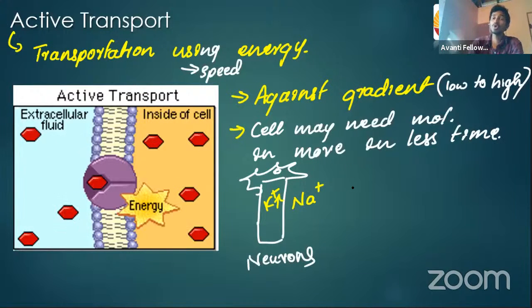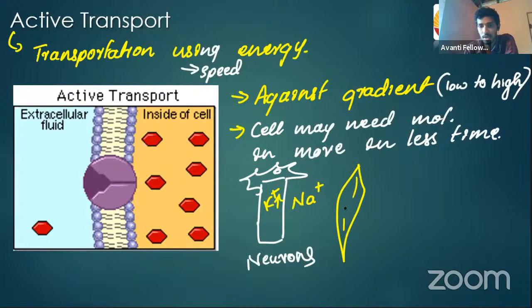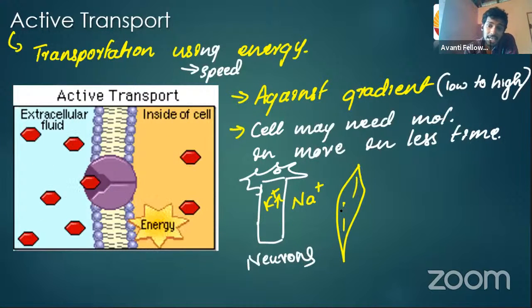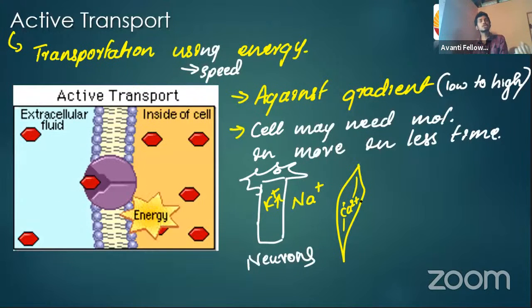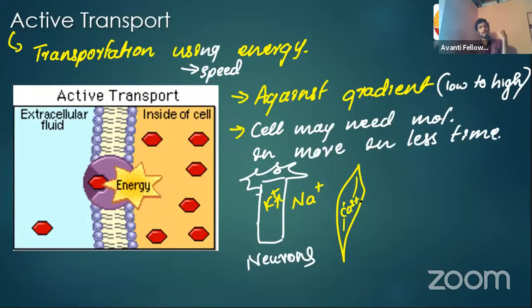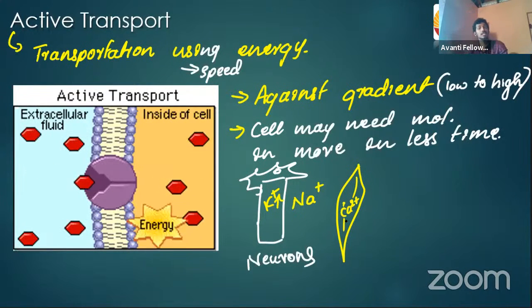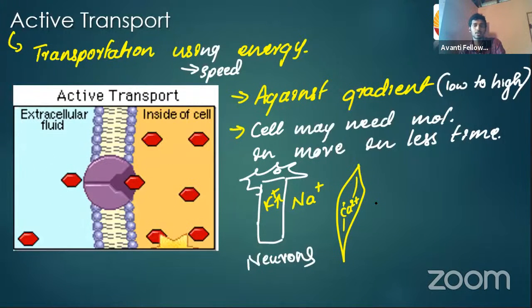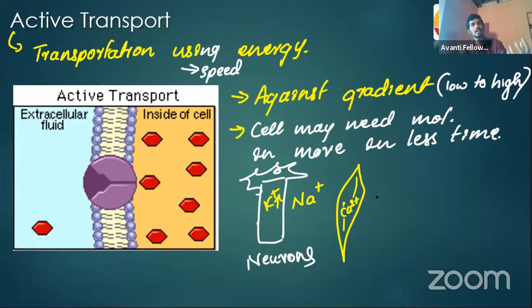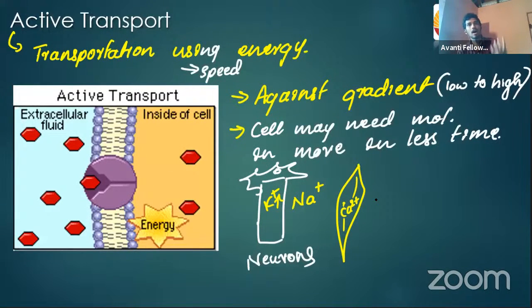And how can you move your muscles? I'll write a muscle. Because when calcium is channelized into your body, your muscle will show the movement. That's how it's happening. So for all the different concentration or movement of ions, we need active transport. How can a particular cell concentrate a chemical inside its cell? With the help of the active transportation system.